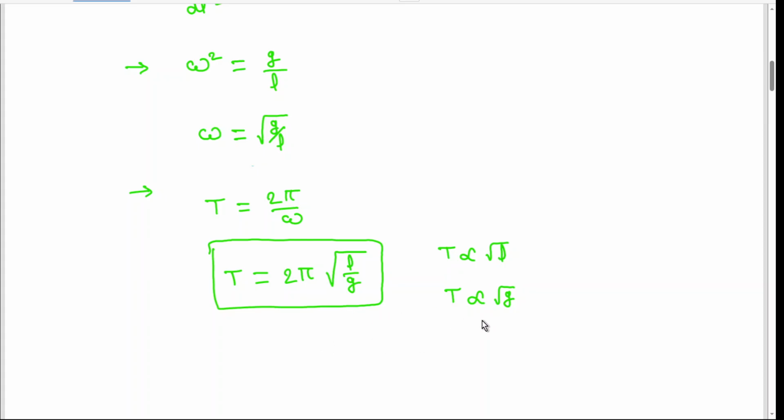If we change the length or acceleration due to gravity, the time period will change, right? So hopefully it will be clear to you. Thank you.